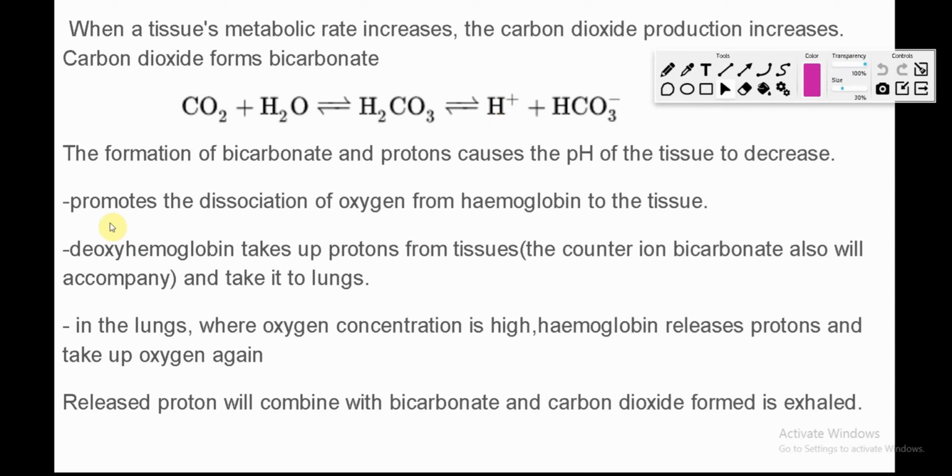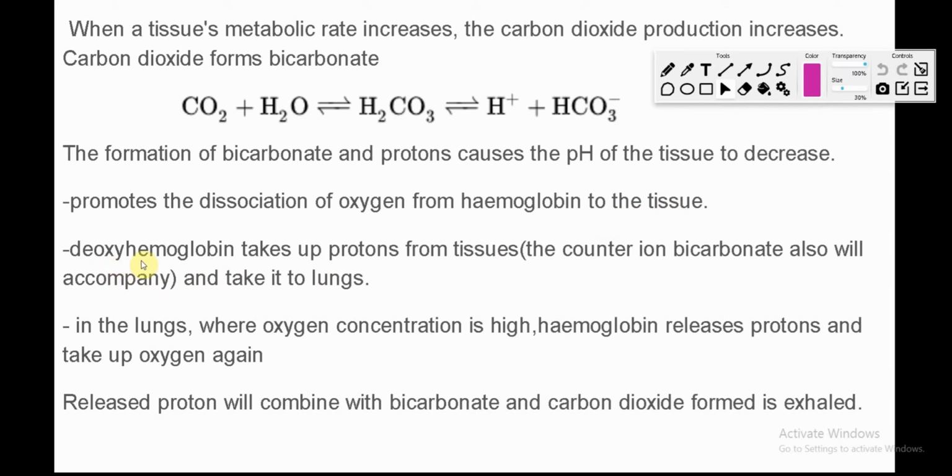So when oxyhemoglobin, that means the hemoglobin that contains oxygen, reaches a tissue, what happens? It will release oxygen to the tissues, because in the acidic condition hemoglobin cannot hold the oxygen anymore.